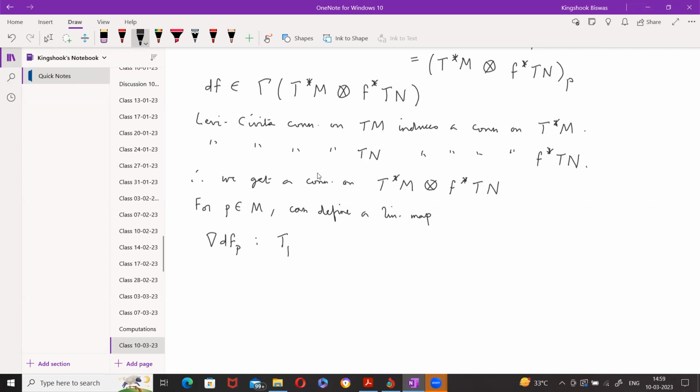This goes from T_p M to, let me call this bundle E for a second, E_p. What is this? v goes to... So note that df is a section of E.